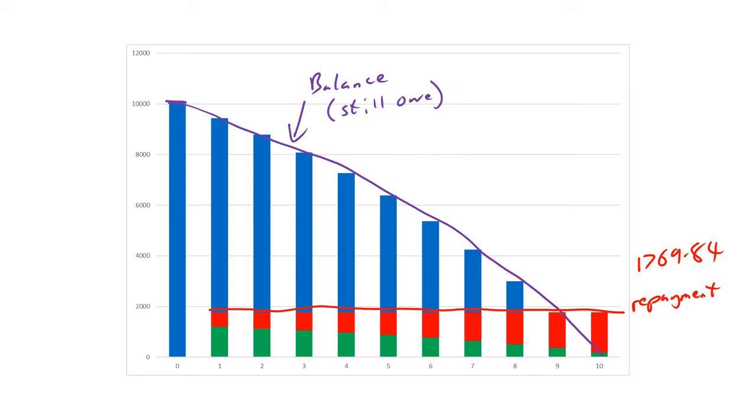And if you look here, this green part represents the interest we paid. So that's the interest amount. And you can see that that's actually reducing because the interest is calculated on the balance. So if the balance is going down, then the interest is going down.